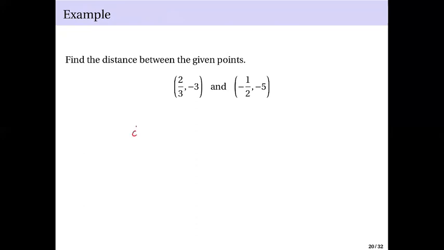So distance is equal to the square root of the quantity 2/3 minus negative 1/2, so this x minus this x, and then you square it, plus negative 3 minus negative 5, squared.